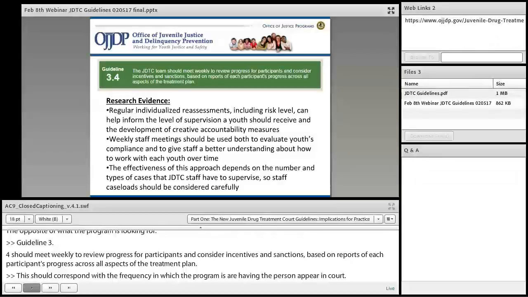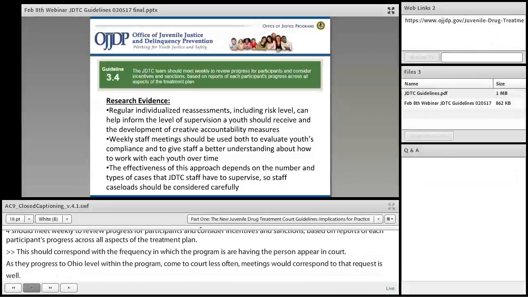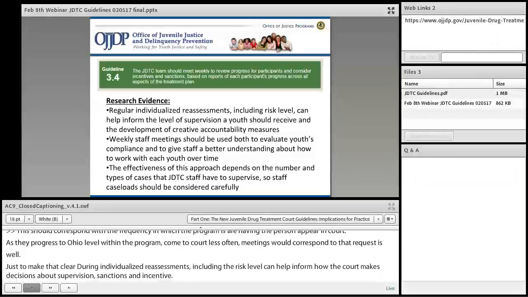But doing individualized reassessments, including looking at the risk level, can help inform the way the court is making decisions about supervision and sanctions and incentives, and so it's going to be important. And the staff meetings have a better impact when input is coming in from all of the participating agencies, all of the partner agencies, right?